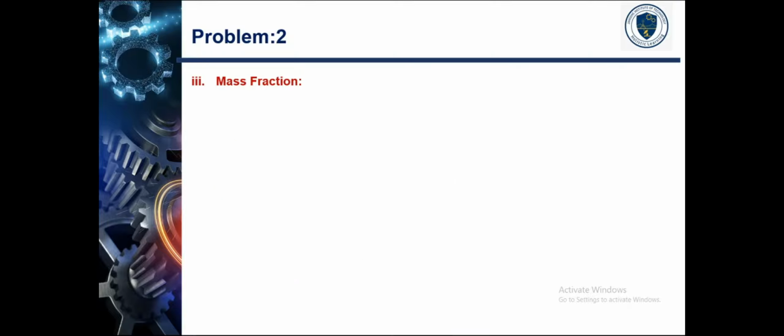Next we have to find the unknown parameters, that is the mass fraction for oxygen and the mass fraction for nitrogen. The mass fraction for oxygen is found by using the formula, mass concentration of the oxygen divided by mass concentration of the mixture. To evaluate the mass concentration of the mixture, the formula is shown in this slide.